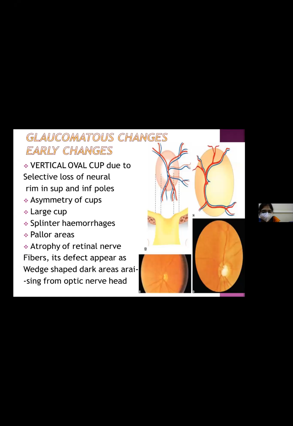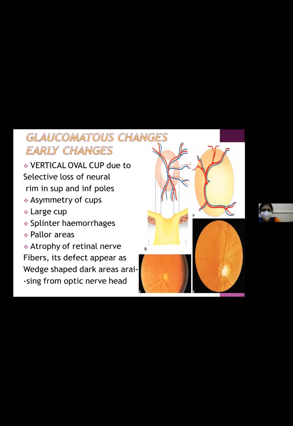Next, glaucomatous changes. There are early changes, advanced changes, and glaucomatous atrophy. Coming to the early changes, a vertical oval cup is seen due to selective loss of neural rim in the superior and inferior poles. Asymmetry of cups is seen.